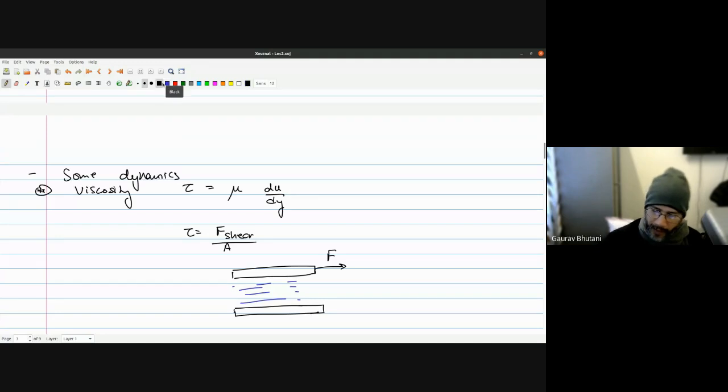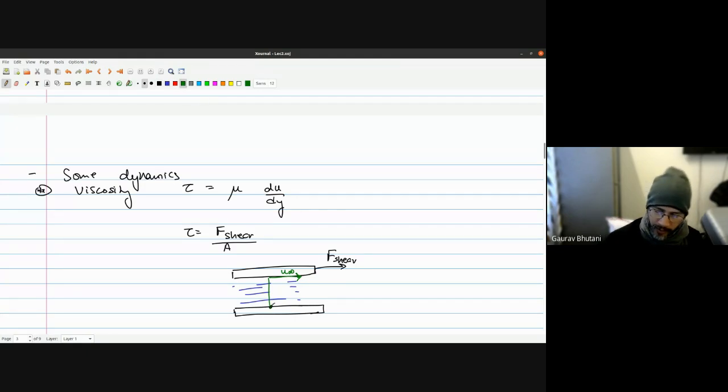There is a force you are applying on the top plate to move it with a certain velocity u. So the upper plate is moving with a velocity u, let's call it u infinity, and the lower plate is stationary.